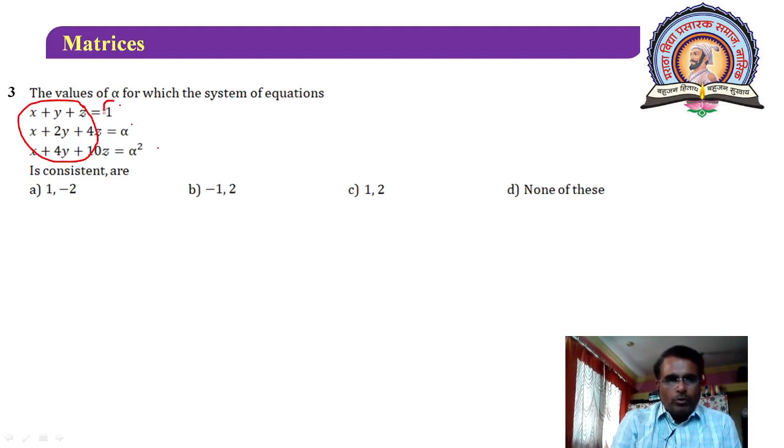Now we don't know what the values of alpha are, but it is clear that the right hand side is non-zero, at least one is non-zero, meaning this is a non-homogeneous system of linear equations, and we are expecting it to be consistent.